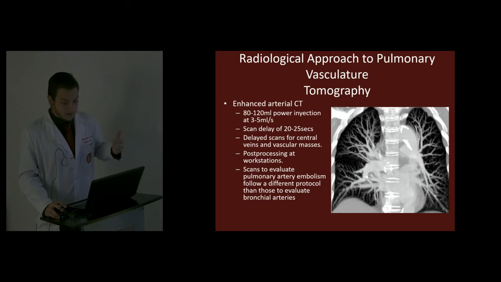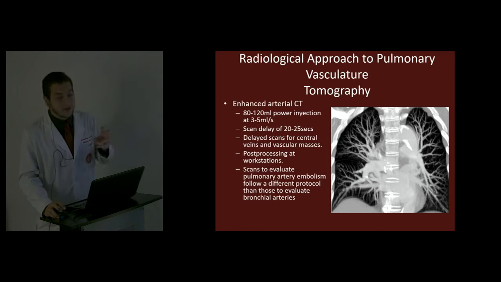We have to remember this is a patient with a suspected embolism, therefore he has dyspnea. The same goes if you want to see the best bronchial arterial anatomy: you have to scan the patient in a craniocaudal way.